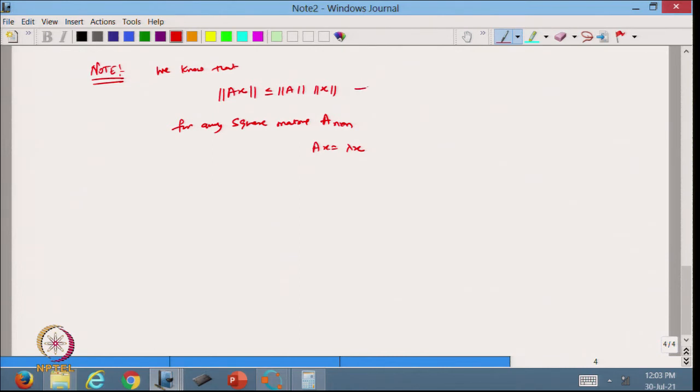So, from 1 I can write the norm of lambda x is less than or equal to norm of A times norm of x, and I know that x is never 0, only then we can find the eigenvalues. So, by the properties of the norm, this becomes equal to this one, and now x is never 0.